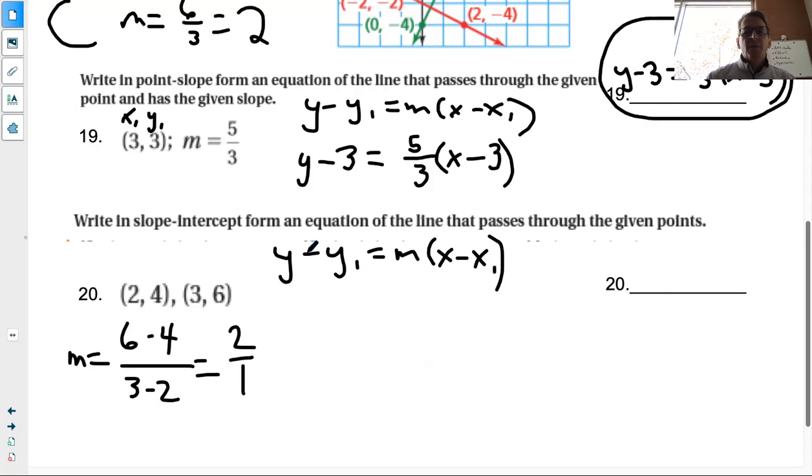We'll start with point slope form and then do our conversion for slope intercept form. Y minus the y, and I'll pick this first one again. I'll use x1 is 2, y1 is 4. So y minus 4 is equal to the slope, which was found to be 2, times x minus the x, which is 2.